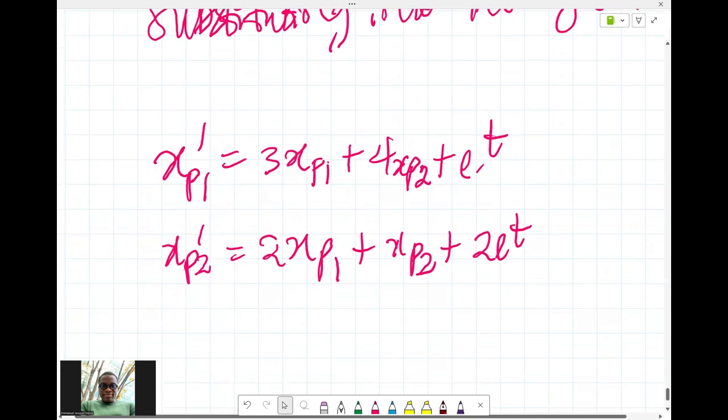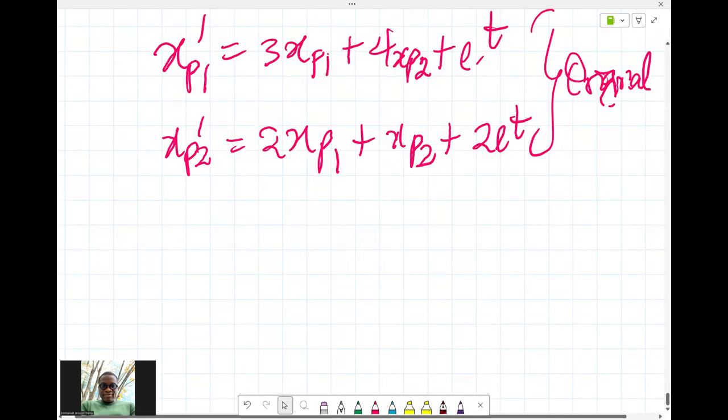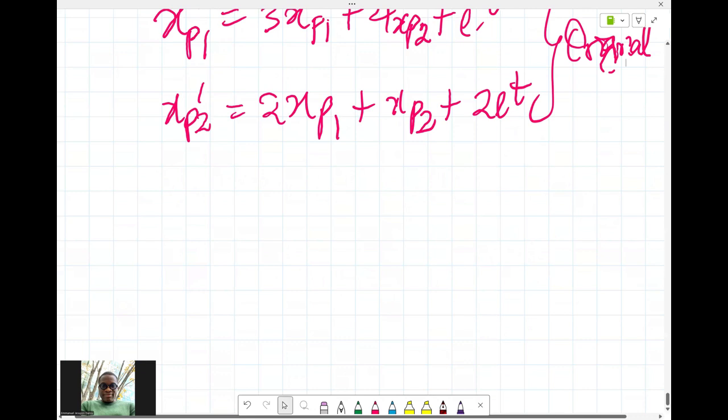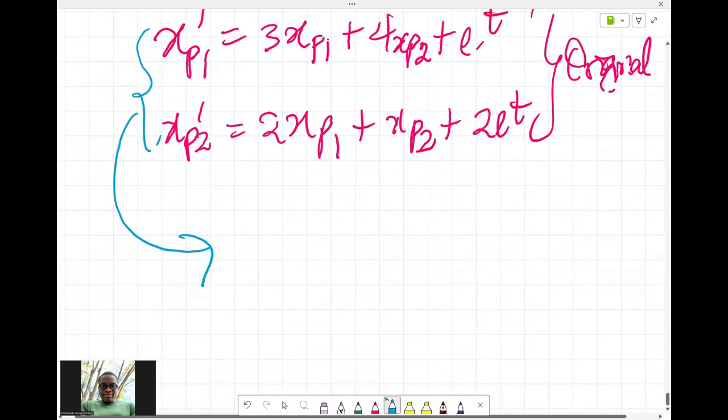Okay, substitute into the system. So this is the original system, right? Original system. I'm trying to make it as tidy as possible.